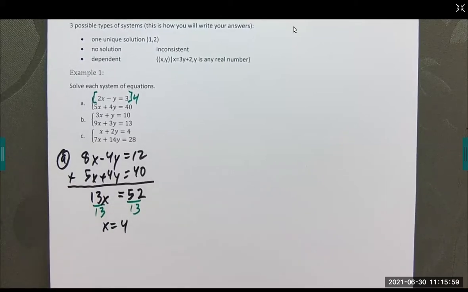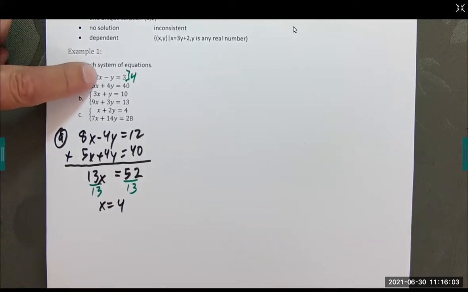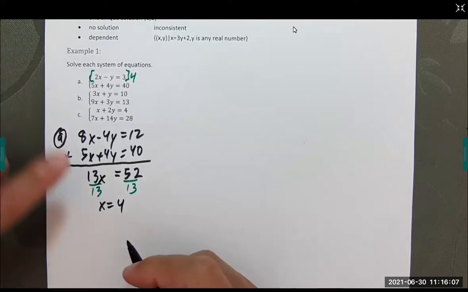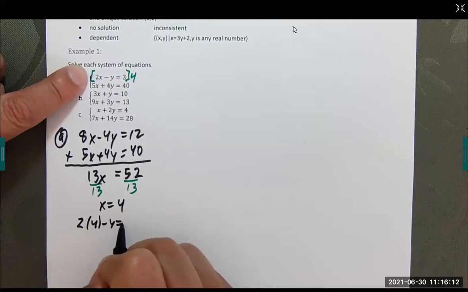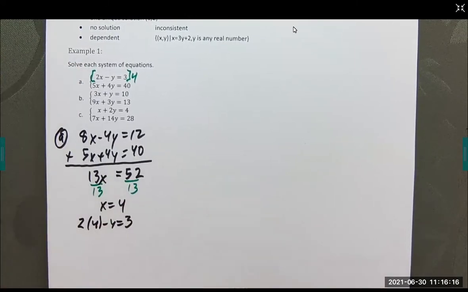Now, that's only half the answer. I now need to figure out what y is. And I can actually plug the x into the top equation or into the bottom equation. It won't matter. I'm going to get the same y regardless. I'm going to plug it into the top one here. You can even put it into a modified one, just as long as you're sure that you did it correctly.